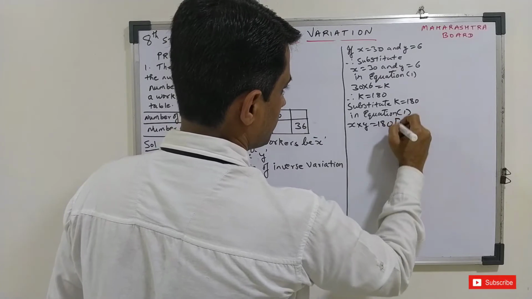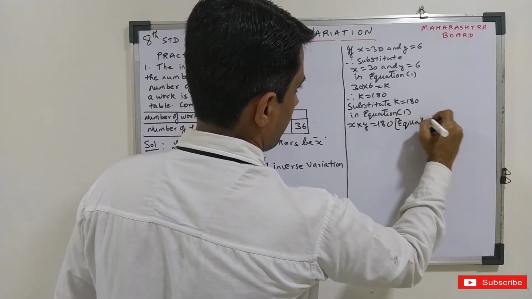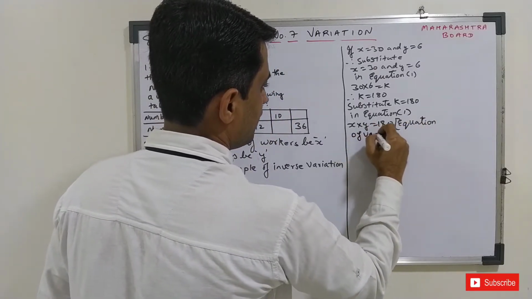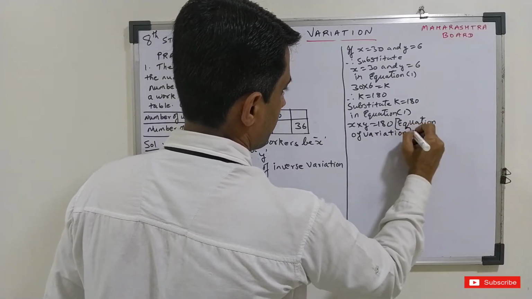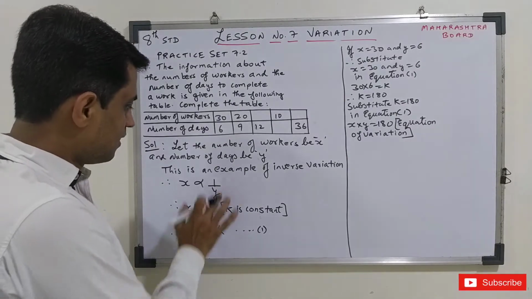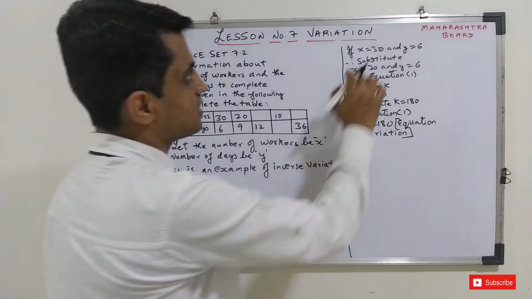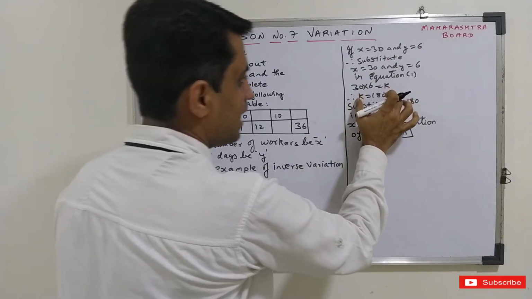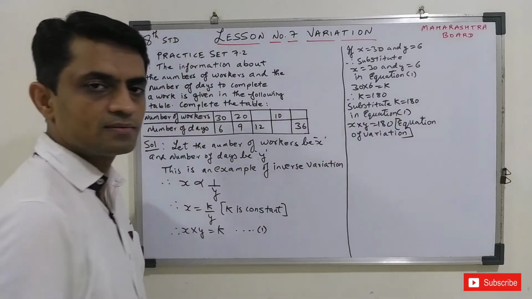It is called the equation of variation. So this much we got. So these steps are fixed. Writing it this way, this first equation you get, substitute the values, you will get k, substitute the value of k in 1, you will get the equation of variation.